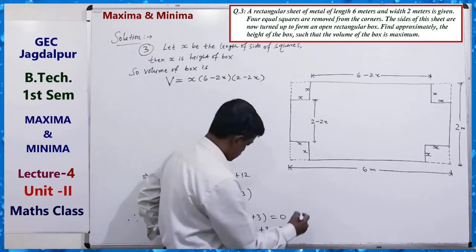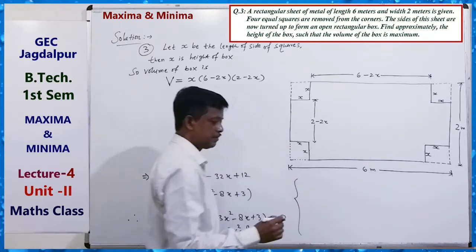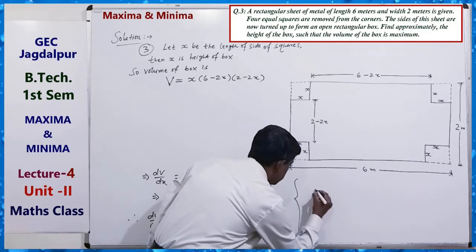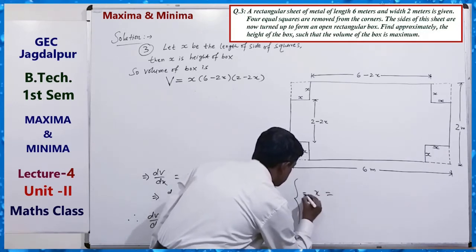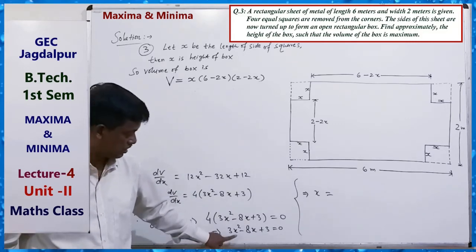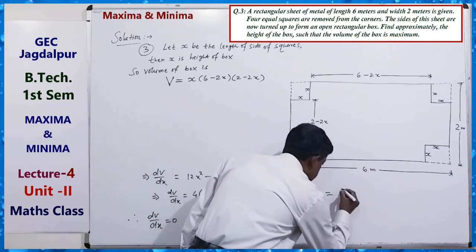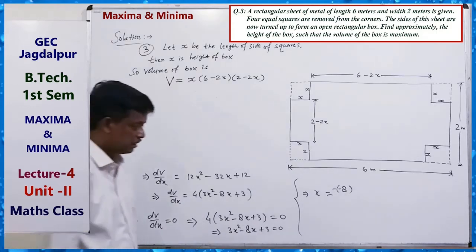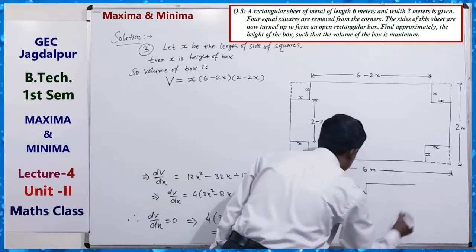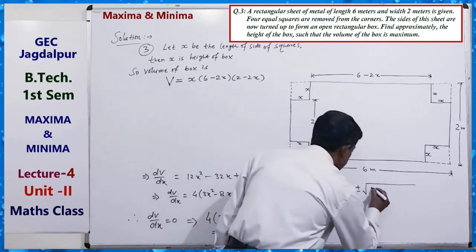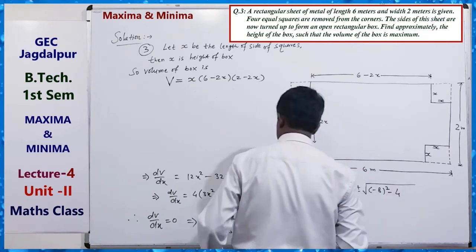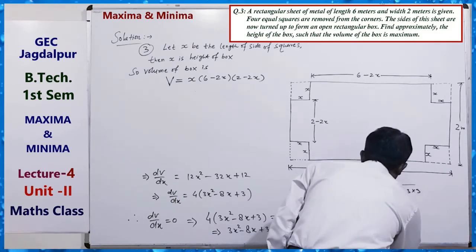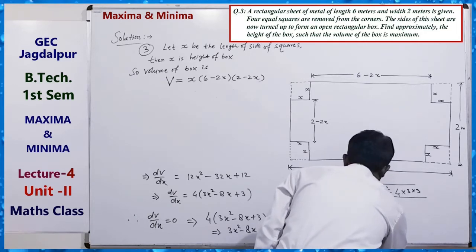For solving this, use the quadratic formula: x equals minus b, that is minus of minus 8, so 8, plus minus root of b square, that is minus 8 square, minus 4ac, 4 into 3 into 3, upon 2 into 3.